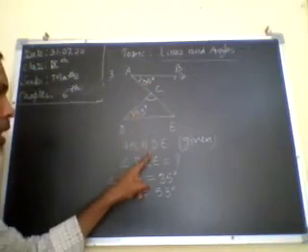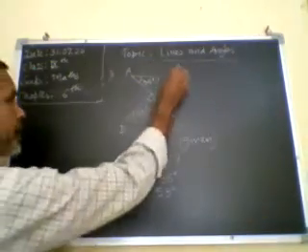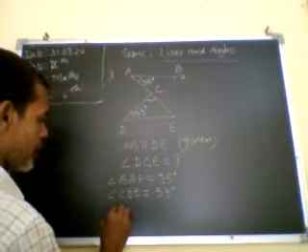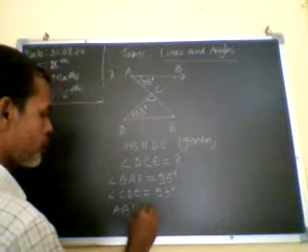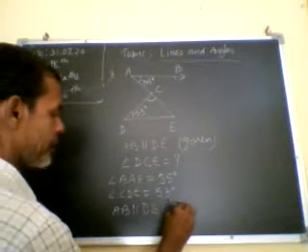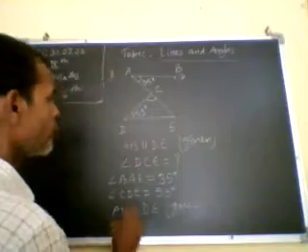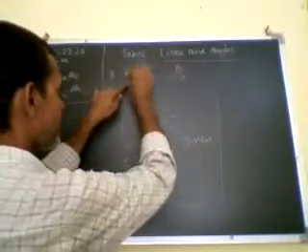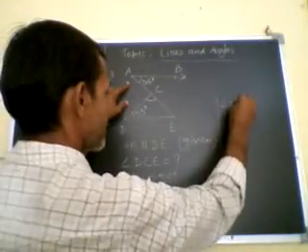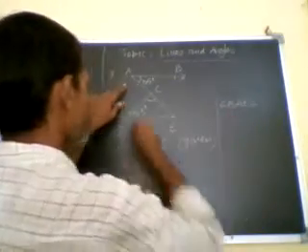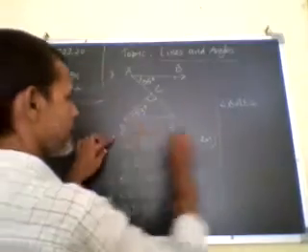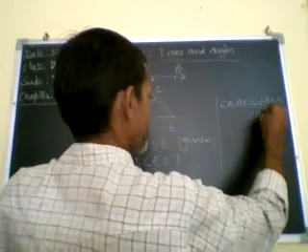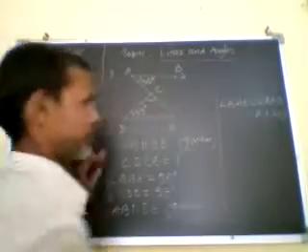Now, AB parallel to DE, it is given. So angle BAE equals angle AED, alternate interior angles.